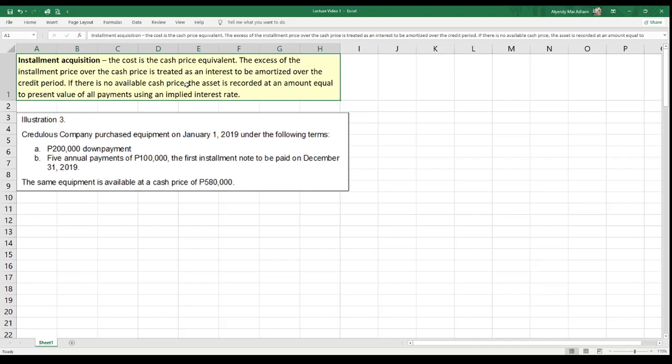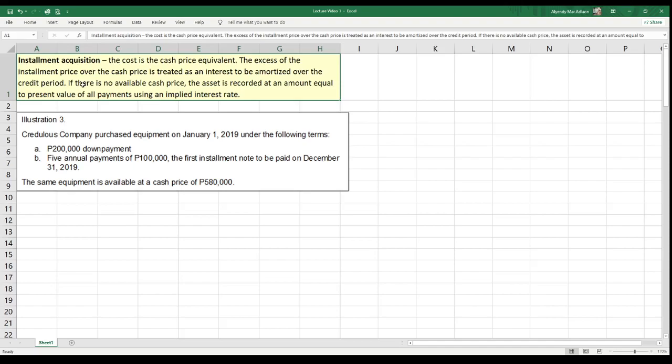Because kanang actual nga nabayad ni entity, that is actually what we call the installment price. Now, the excess of that installment price over atong giingon nato nga cash price equivalent is actually treated as interest. So, let's say for example, ang isa ka TV palitonon ni entity worth 25,000 pesos. If i-cash na niya, that is worth 25,000 pesos.